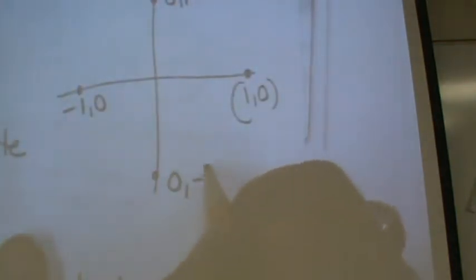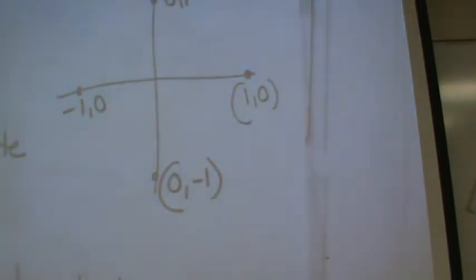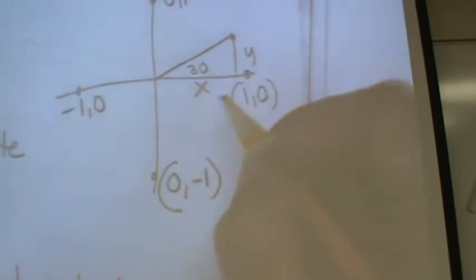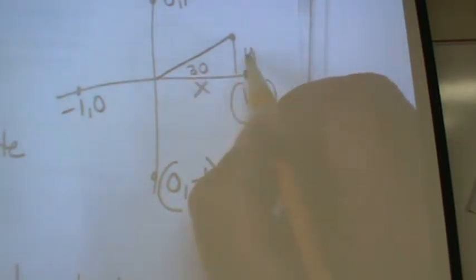what point is this right here? 1, 0. Now, if I drew a 30-degree angle here and named a point here, this would be X and that would be Y. I'm going to call this X and this Y. Instead of saying the sine is opposite over hypotenuse, you can say it's the Y value over the R value.